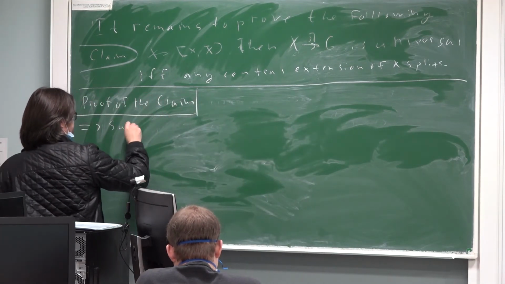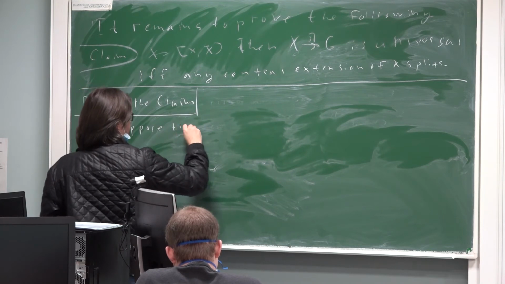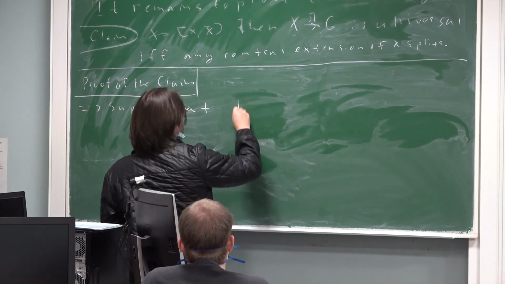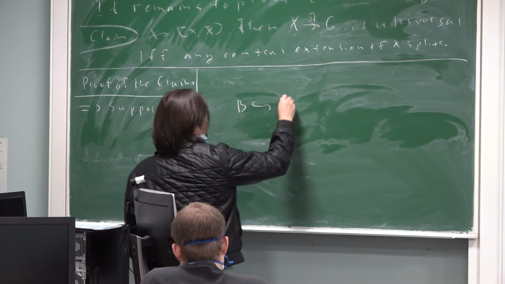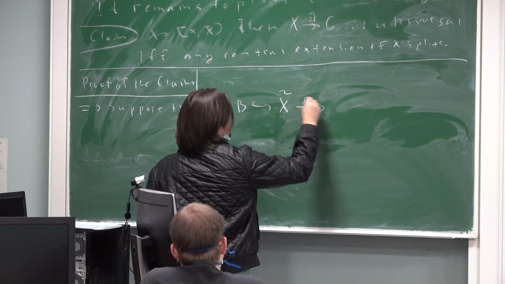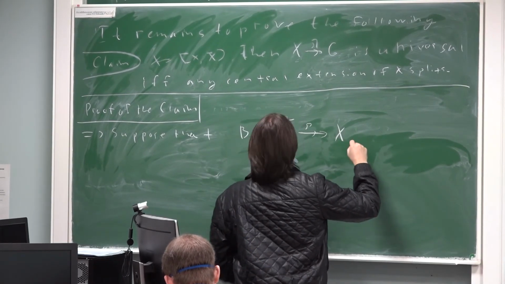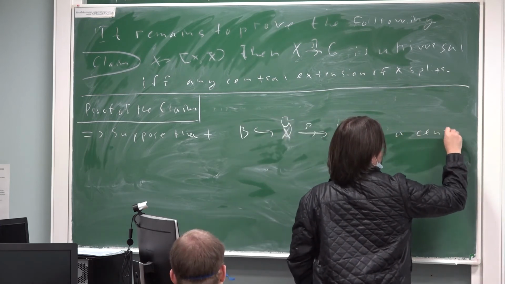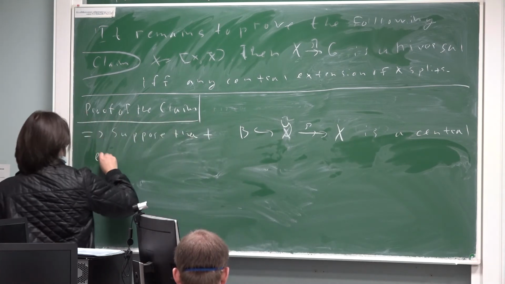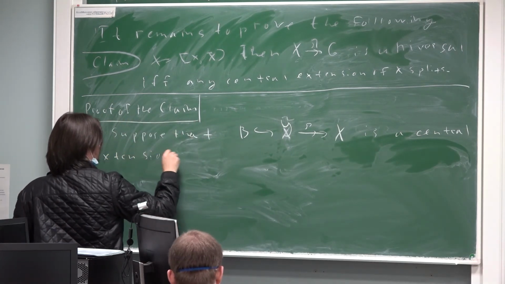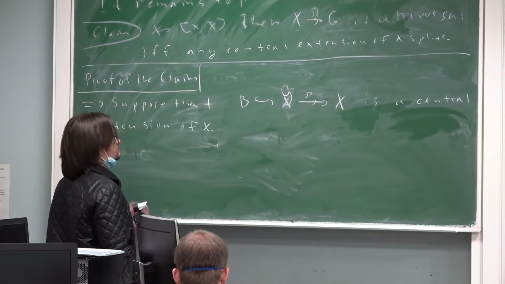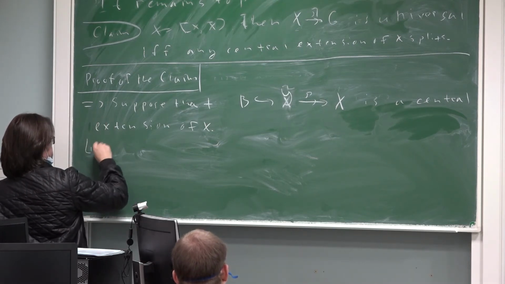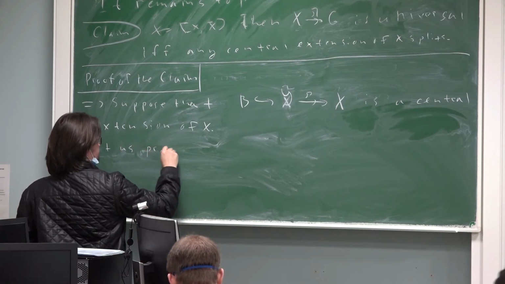Well, suppose that B → X̃ →(ρ) X → 1 is a central extension of X. Well, let us prove that.